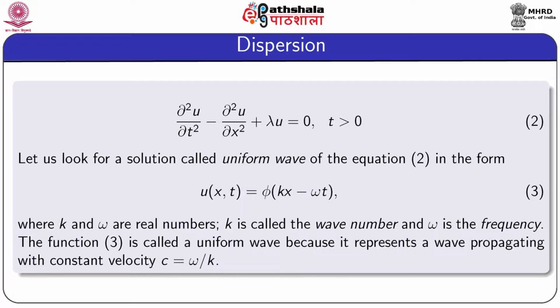For that, we assume a solution in the form u = φ(kx − ωt), where k and ω are real numbers, k is called the wave number and ω is the frequency. The function 3 is called the uniform wave because it represents a wave propagating with constant velocity c = ω/k.